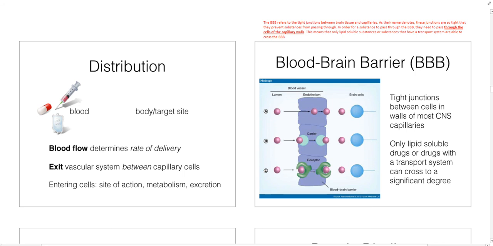So the blood-brain barrier is this really tight tissue section around the brain and spinal cord, and is actually composed of tight junctions between cells.